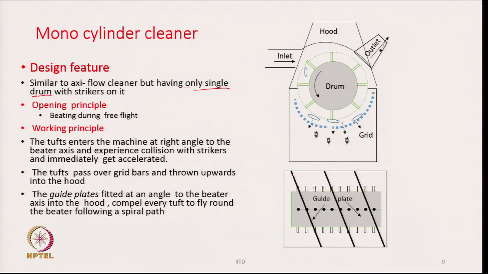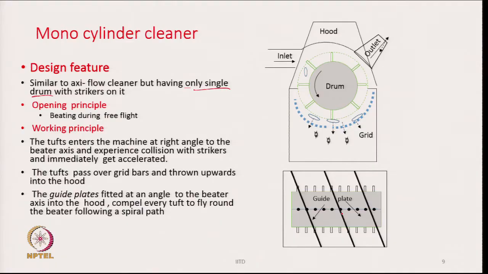The hood has guide plates as shown here. The guide plates are fitted at an angle to the beater axis in the hood. It will compel every tuft to fly around the beater along a spiral path. So, to make sure that it follows a spiral path, so that it spends more time within the machine, the hood has guide plates arranged in an oblique manner with respect to the axis of the machine, and they force the tuft to follow a spiral path.